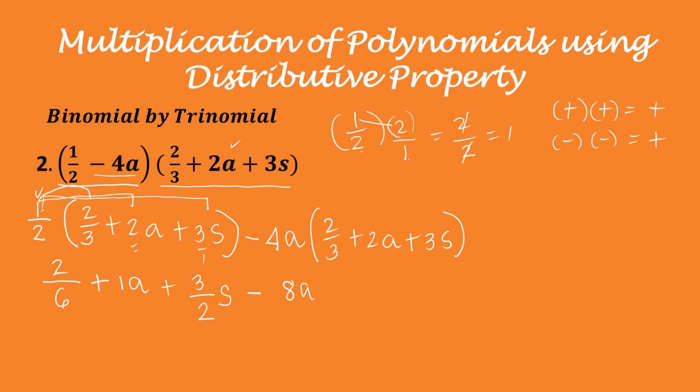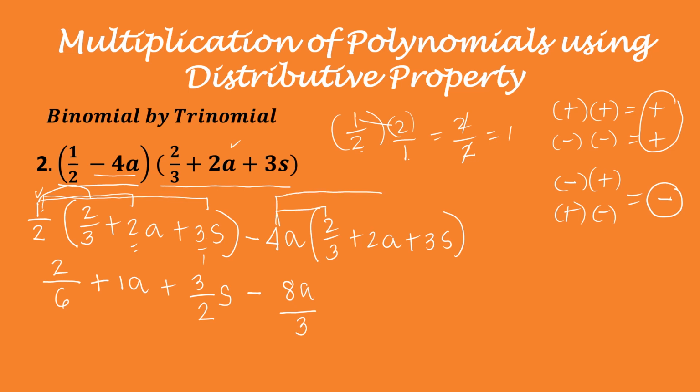Or in other words, multiplying the same signs will always give us a positive product, while multiplying different signs will always give us a negative sign in the product. Okay, so negative 8a over 3. Then we're done with that.